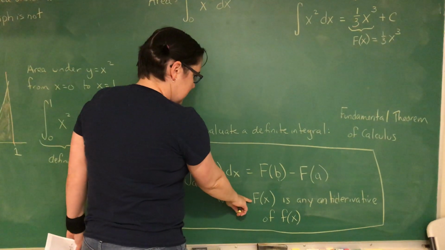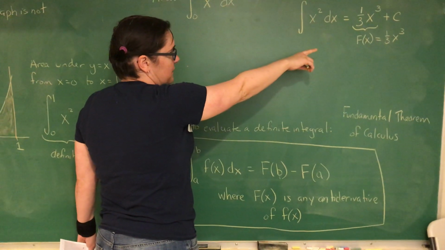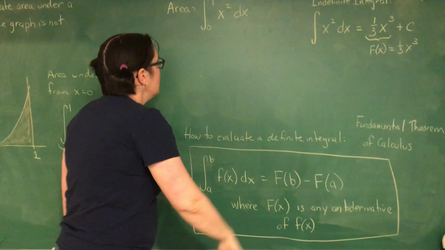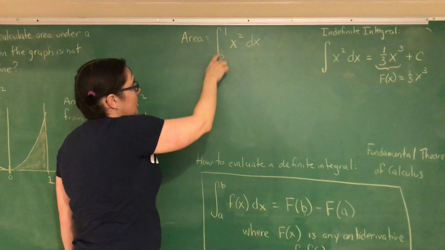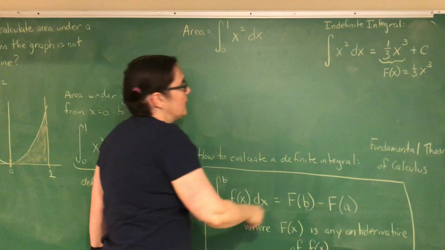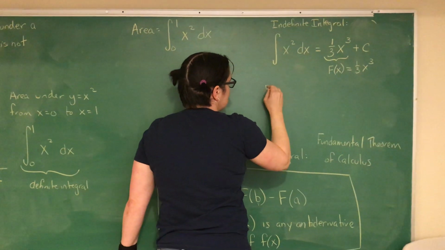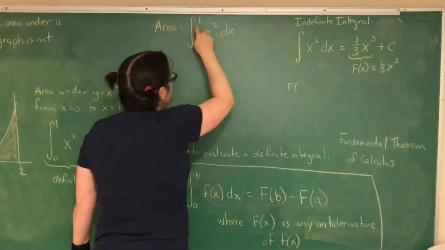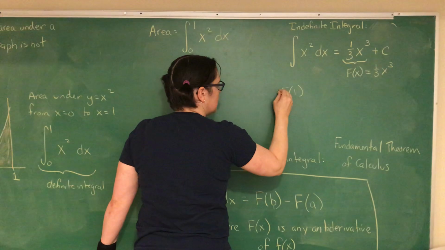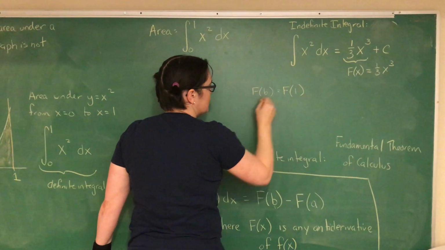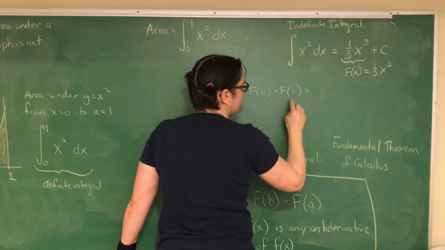Now my instructions say use that antiderivative and plug in the top number and plug in the bottom number. So I'm going to calculate F of my top number, so this is like F of b, so capital F of 1.